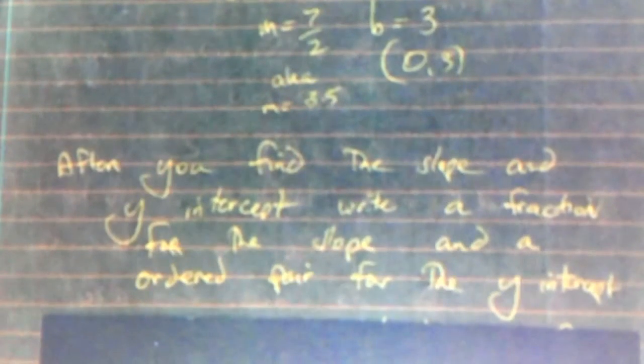Don't wait, because those are the most important bits of information you need for your graph. Always put your slope in fraction form so that you have rise over run, and put your y-intercept b in ordered pair form so that you recognize that it's a point. Remember, slope is not a point.